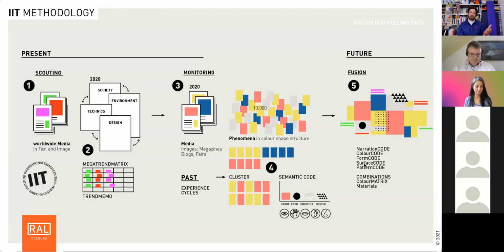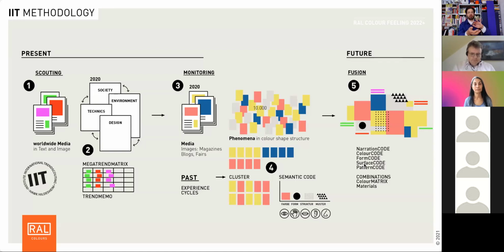Like always, we have a methodology that we have every year. That's a university course we have where we take care about the images and the topics, the theoretical topics that are connected to our society. So we scout worldwide media in text and image.